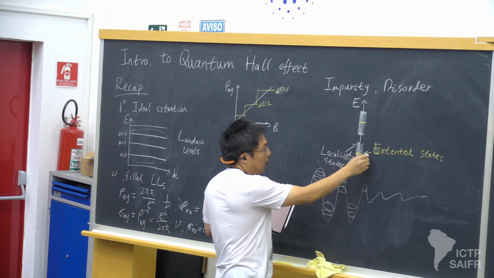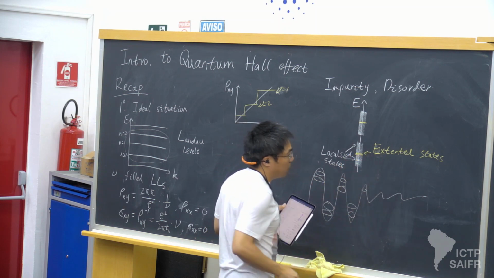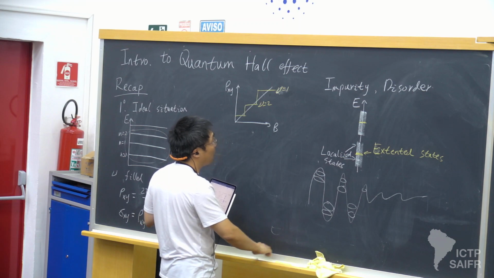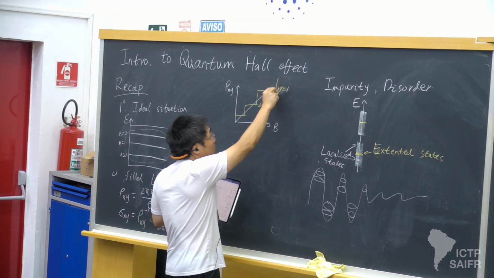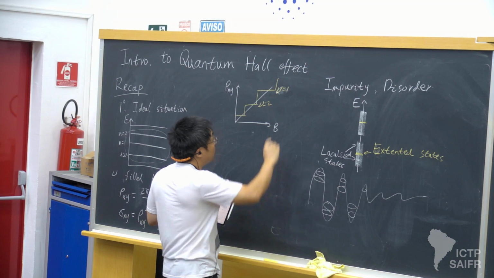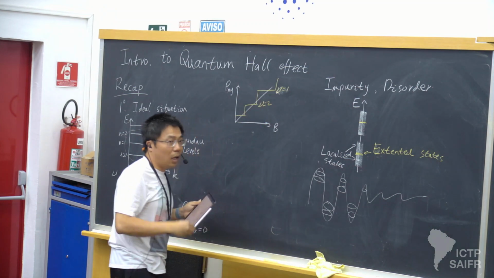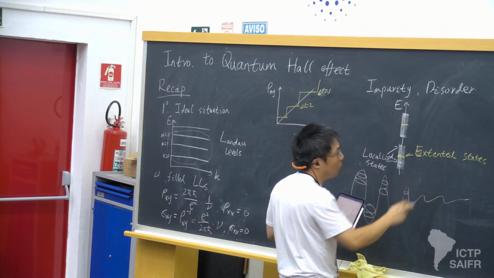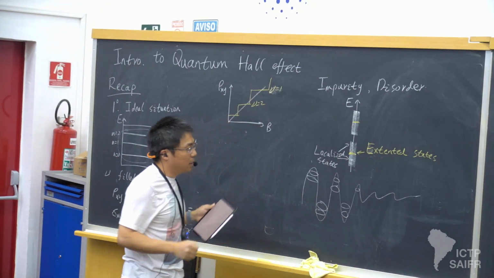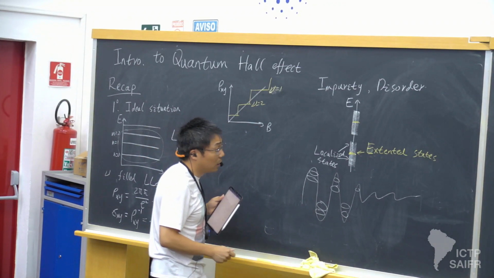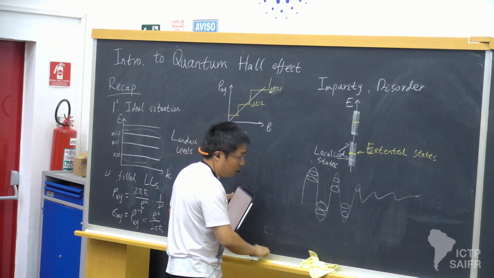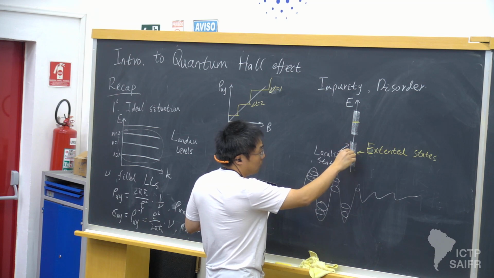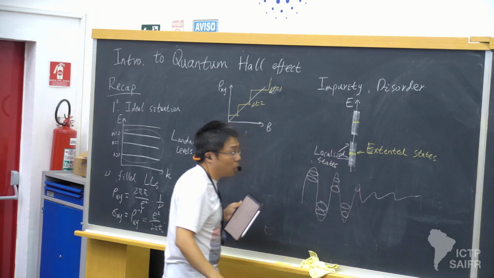And once I start to occupy those extended states, my resistivity should be something like this, and the Hall resistivity will get some sudden change, right? The extended states are pretty rare compared to the extensive number of localized states. And once I occupy the entire extended state, I will again start to occupy those localized states.